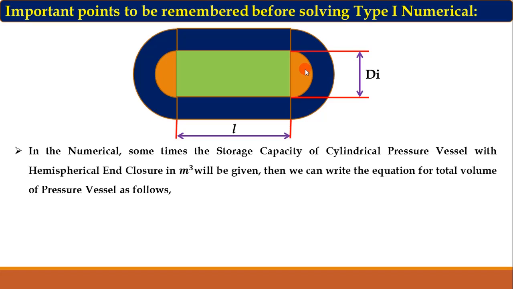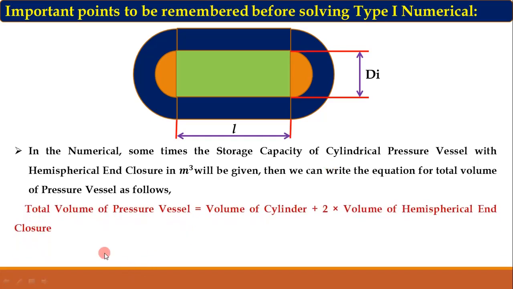This storage capacity indicates the total internal volume of this pressure vessel. If it is given, then we can write the equation: the total volume of pressure vessel is equal to the volume of cylinder, which is shown by this color, plus twice the volume of each hemispherical end.